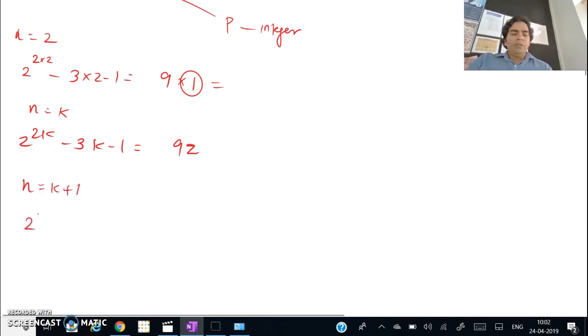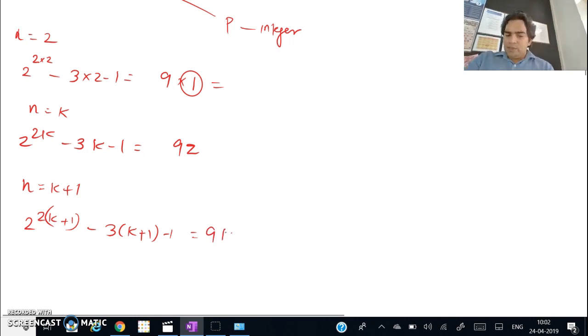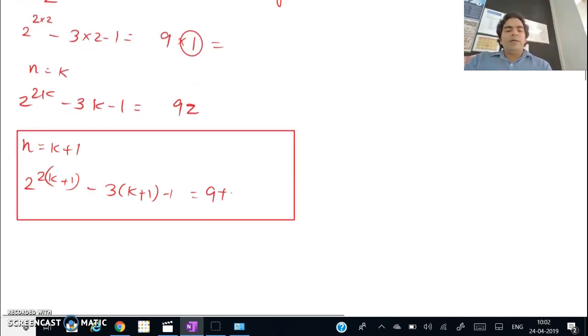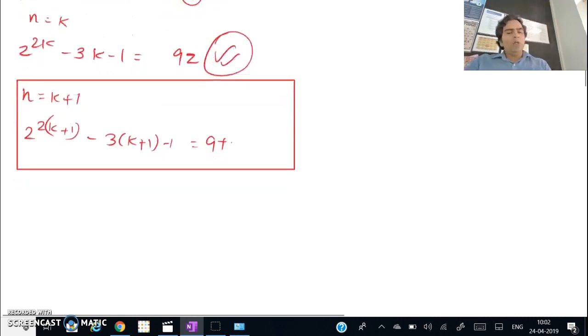So it becomes 2 to the power 2(k+1) minus 3(k+1) minus 1, and this should also be an integer multiple of 9, maybe 9t. This is what we are supposed to prove by using the assumption that we made. So how do we do this?